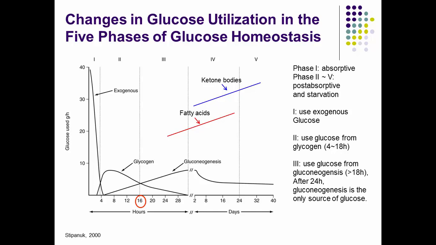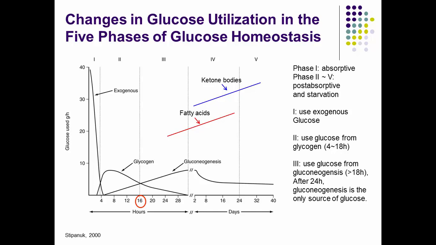And the third phase, phase 3, after 16 to 18 hours, because glycogen is depleted, our body needs to make new glucose. So gluconeogenesis becomes a very important source of glucose.